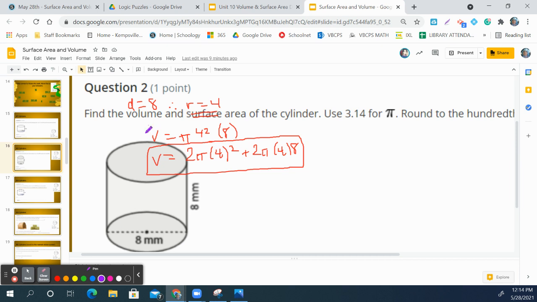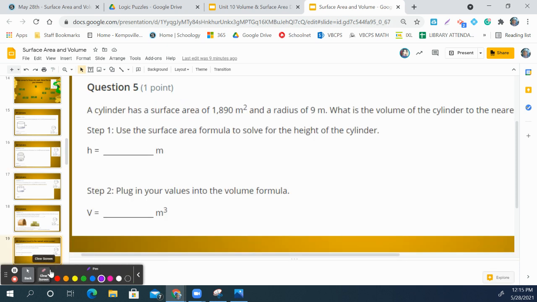Surface area and volume. Okay. What's the surface area formula?